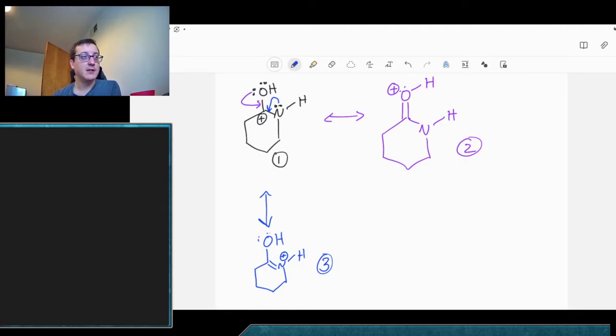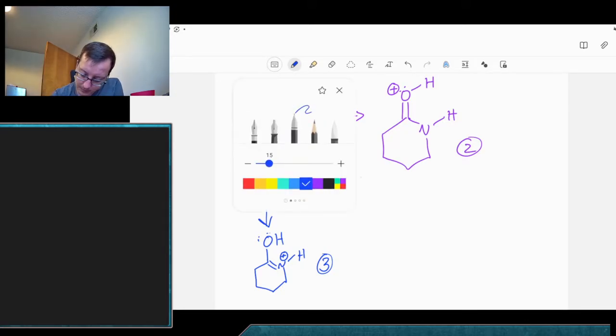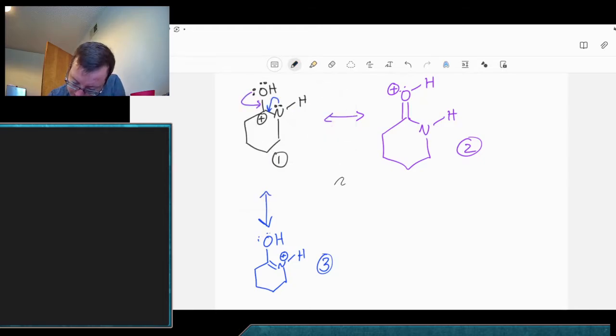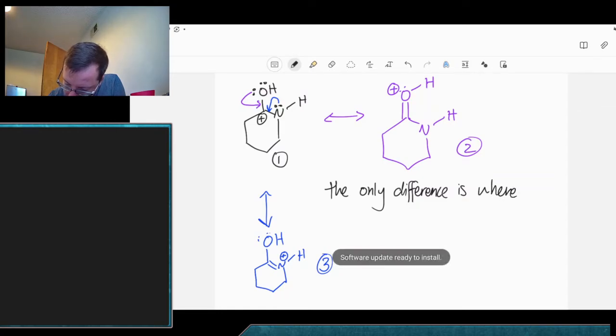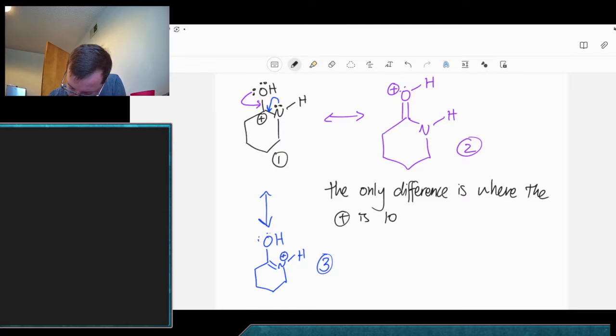The only difference in these molecules is really where that positive charge is going.